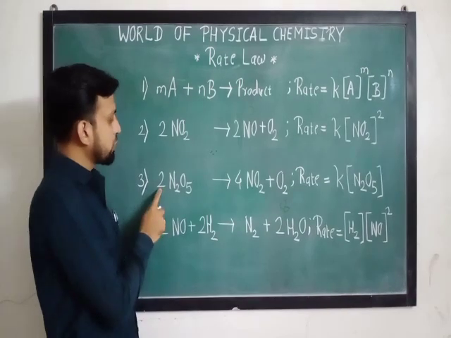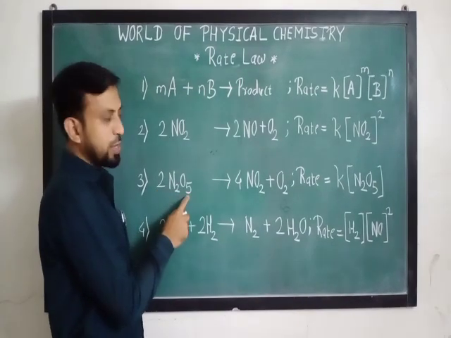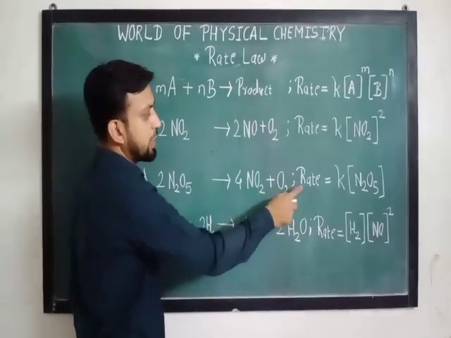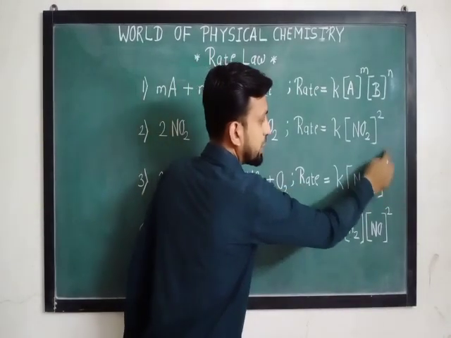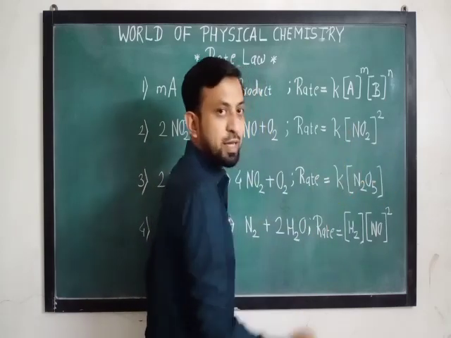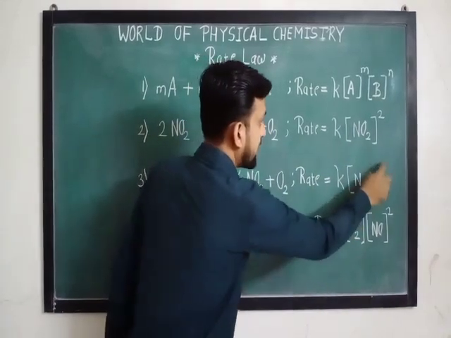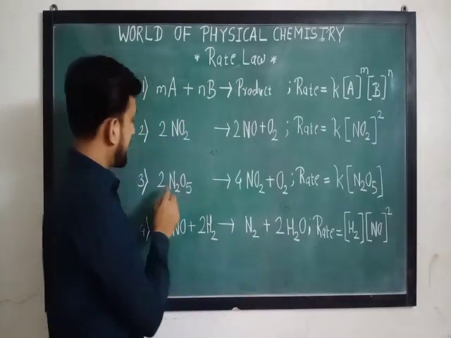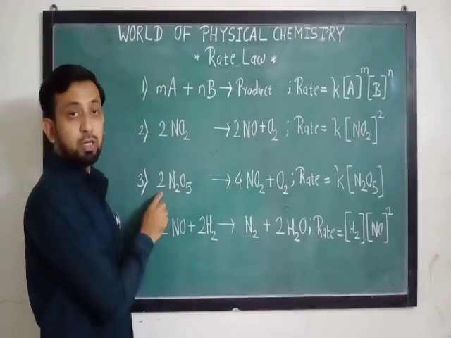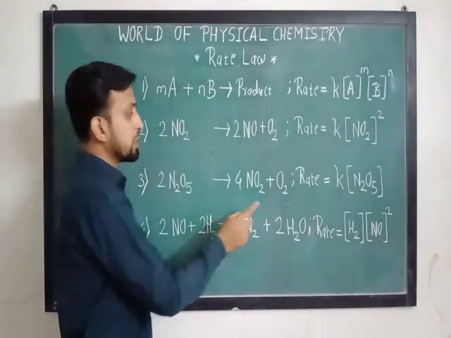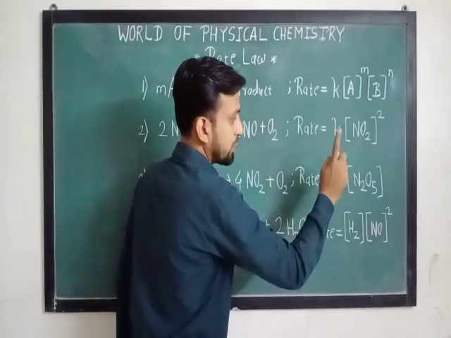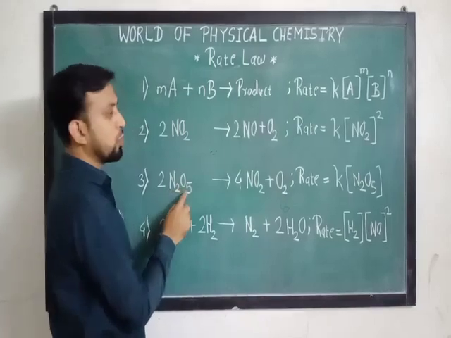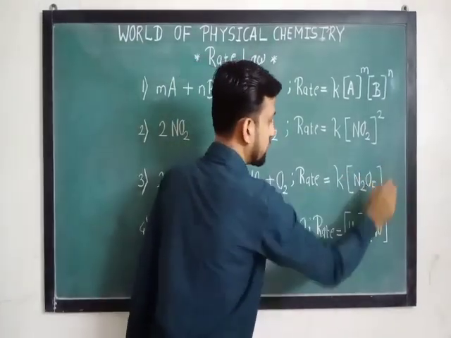Here the decomposition of twice N2O5 gives this product. In the rate, if nothing is written, it is considered as 1. It means here it is 1, but in the reaction the stoichiometric coefficient is 2, but experimentally it is found that this rate only depends on 1 mole of N2O5, therefore it is experimentally raised to 1.